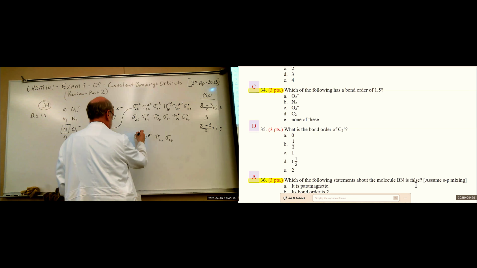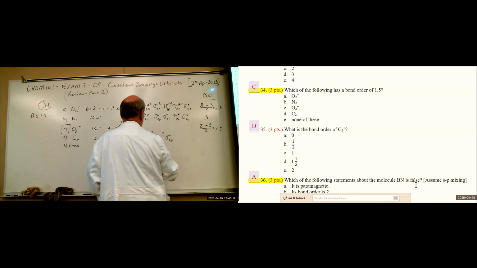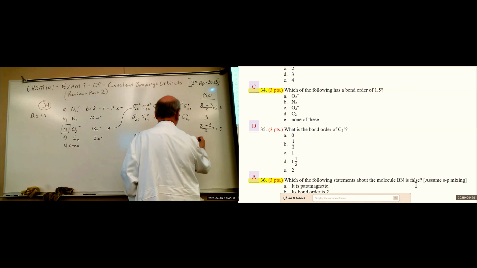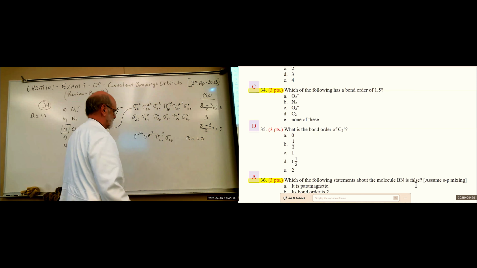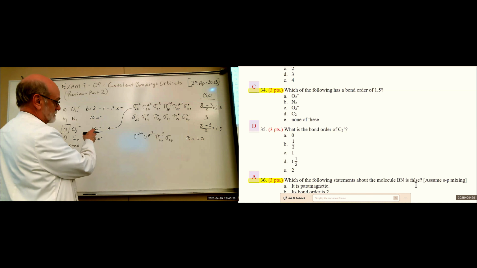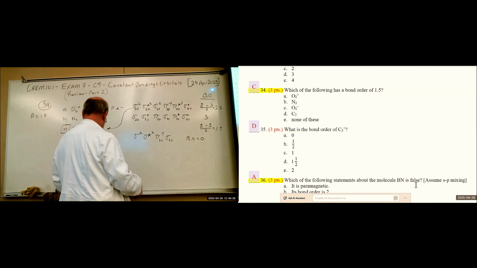If we try to calculate, this one would be 2, 2, and 4, right? So this bond order would be 0. Oh, excuse me. I didn't do that right, did I?